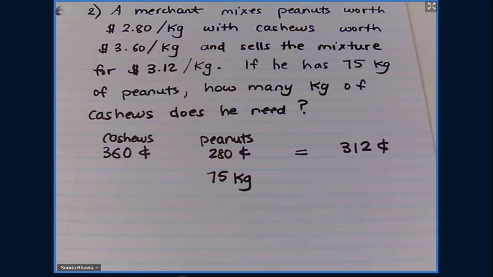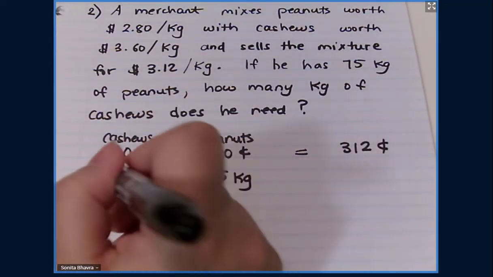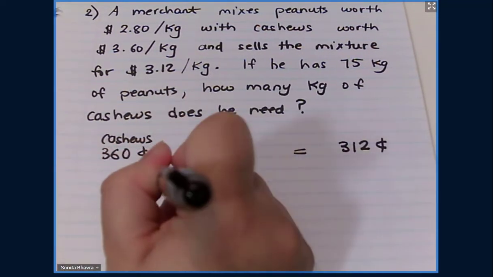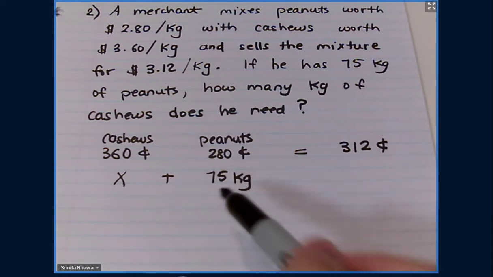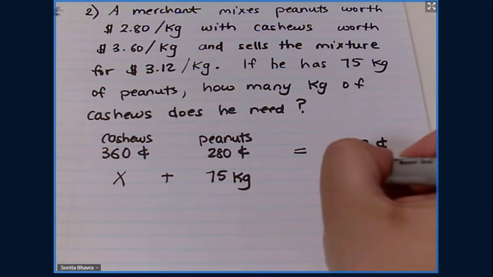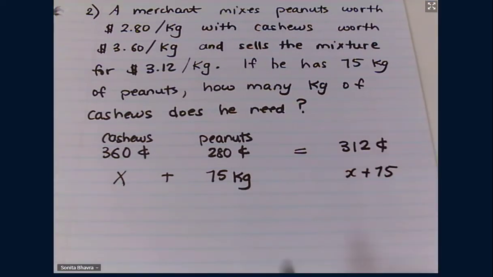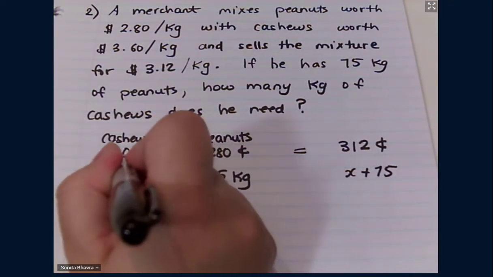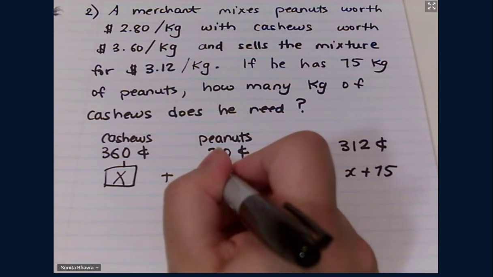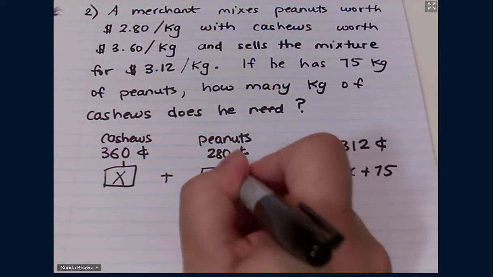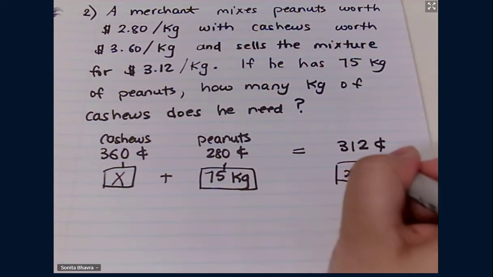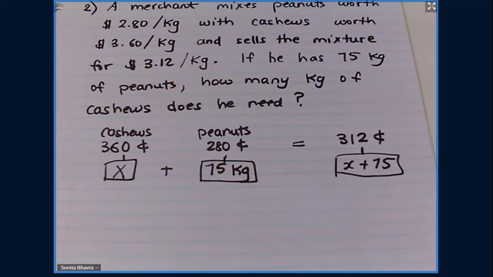That's what was told in the question. So we know that our cashews will be X, so our total will be X plus 75. All right, so that's just setting up a diagram.